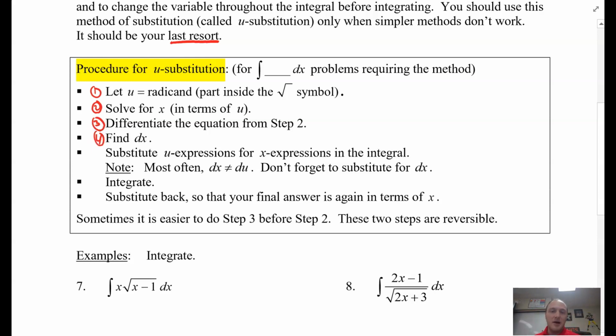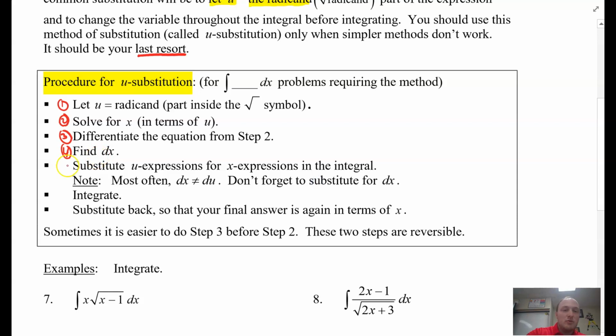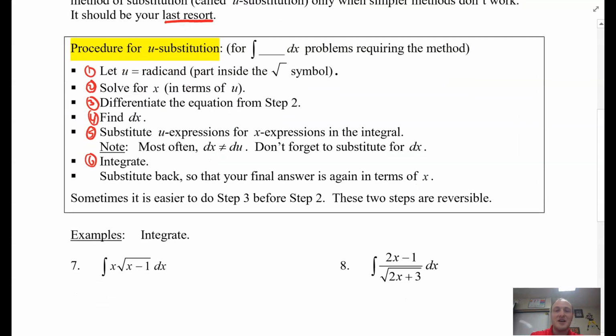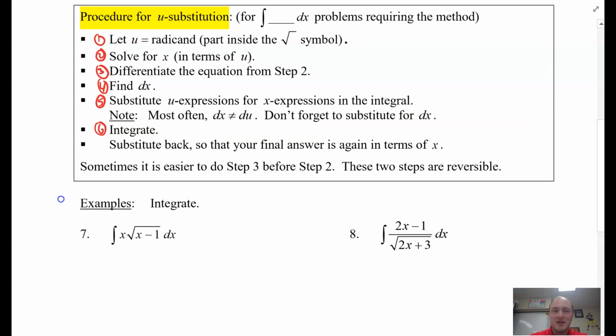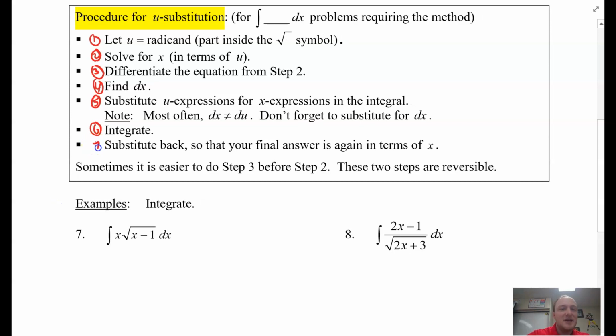Then we'll substitute u expressions in for x expressions in the integral, and then we will integrate. And they say here, note, most often dx does not equal du. We'll see that here, but that's not often the case. And then the last step, we have to substitute back.